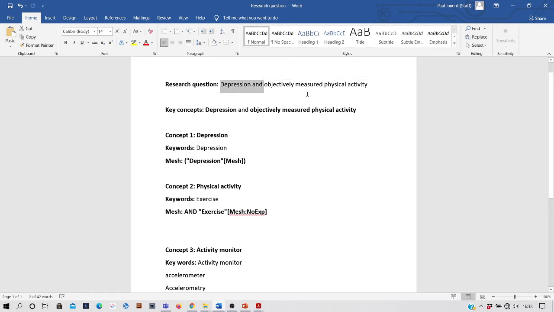So basically, what are the activity levels of people with depression? And I'm only including studies where physical activity has been measured using accelerometers or activity monitors.